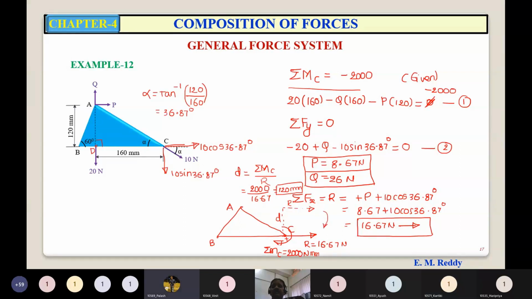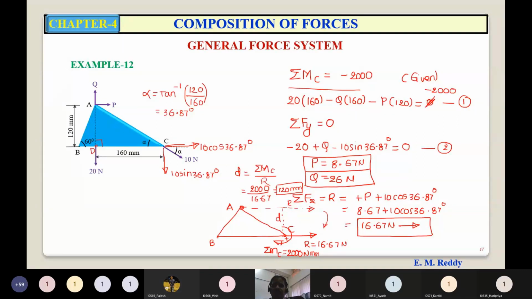So now you tell me the point of application of the resultant. We know that it is acting at a distance of 120 millimeters from C, but where? At point A. So it is acting at point A because that resultant has to act within this body. It cannot act outside the body.